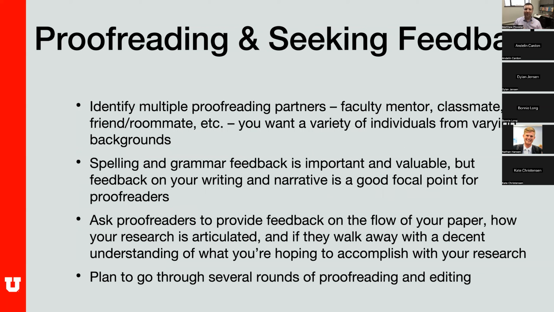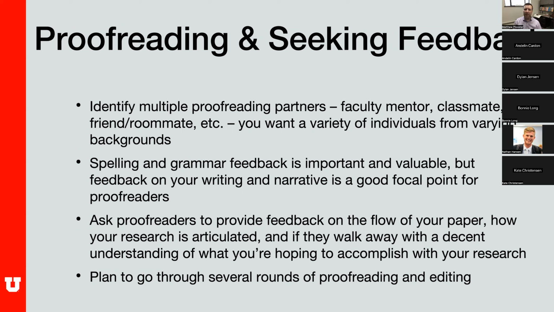And a note on that, identify multiple proofreading partners: faculty, mentors, classmates, other faculty that you've taken classes from and trust, your friends, your roommate, family. You want a variety of individuals from varying backgrounds. They do not all have to be scientists. They do not all have to be students in your specific area of study.